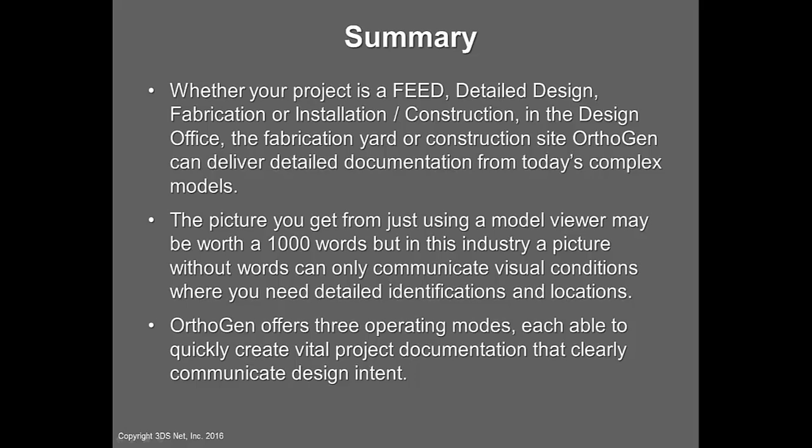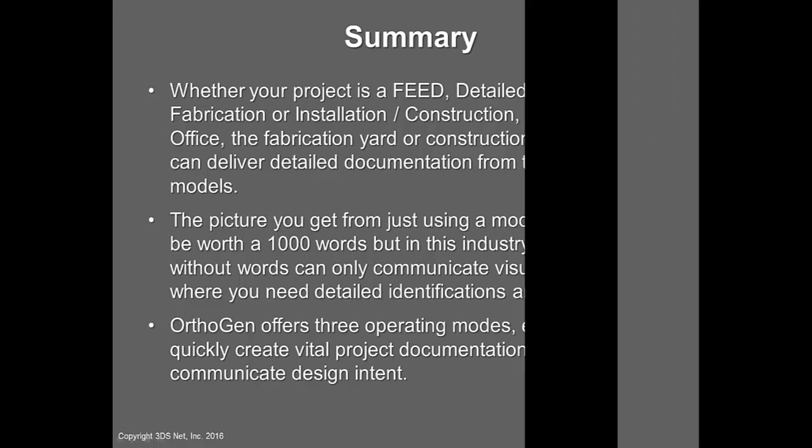The picture you get from just using a model viewer may be worth 1,000 words, but in this industry, a picture without words can only communicate visual conditions where you need detailed identifications and locations. This is a very precise business. OrthoGen offers the 3 operating modes, each able to quickly create vital project documentation that clearly communicates your design intent, even from today's complex models.